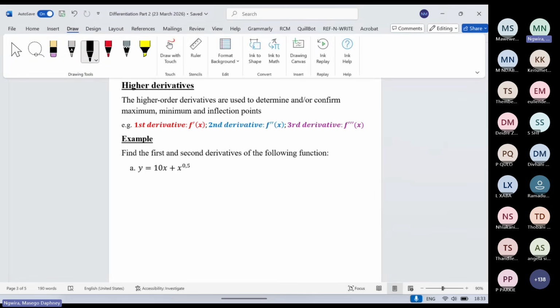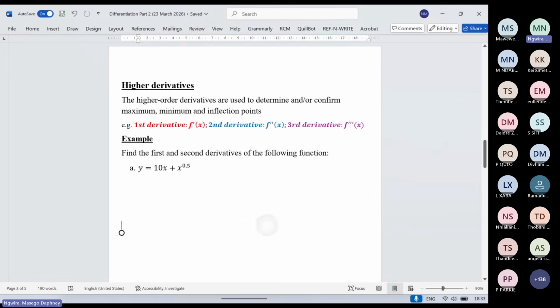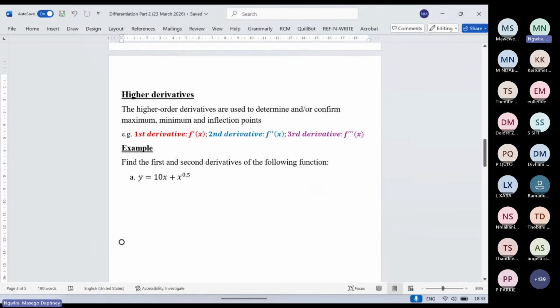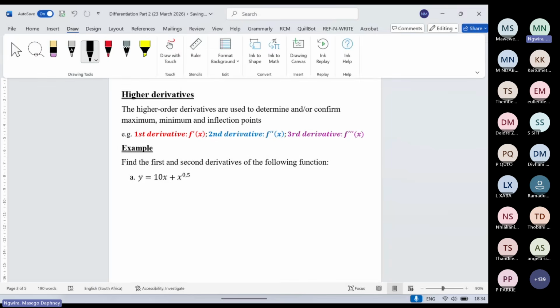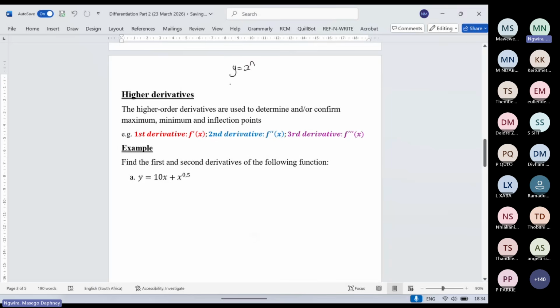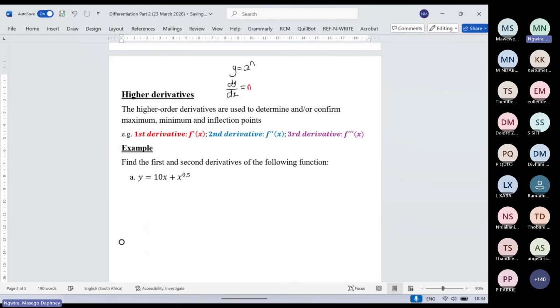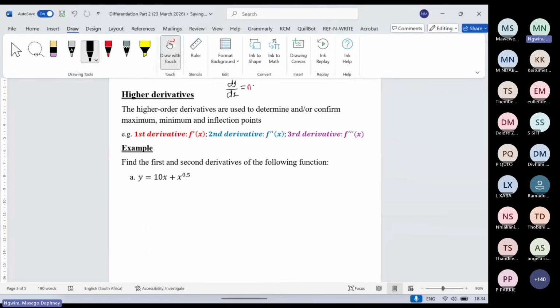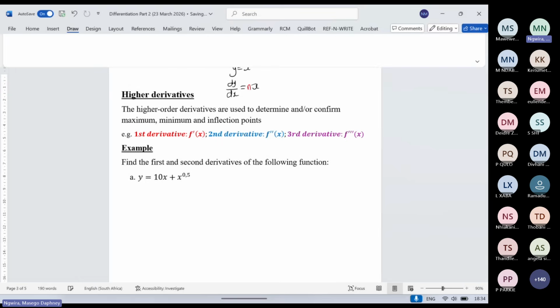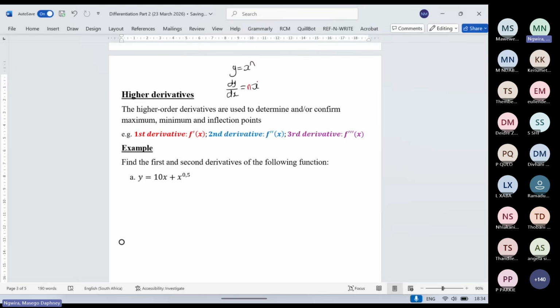I said to you that when you derive, if they say your function is y equals x to the power of n, when you derive, I'm just doing this so that you can understand, the derivative of my function dy over dx is equal to n times x to the power of n minus 1, n being any number.